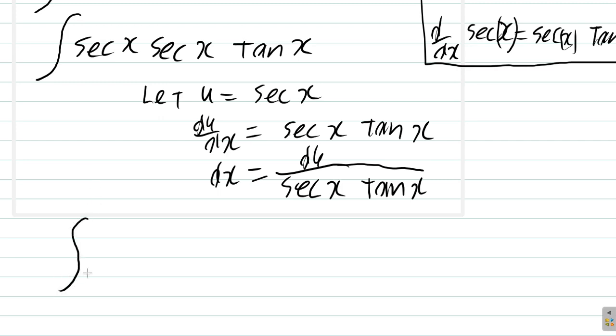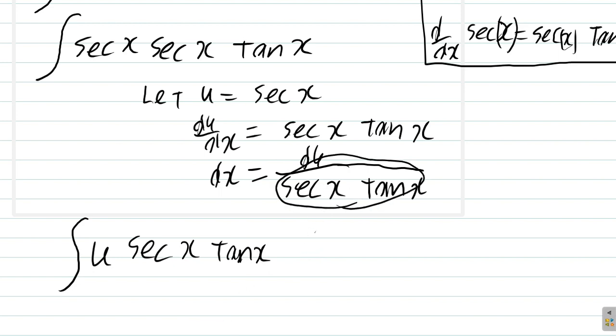So when you rewrite this, it is the integral of u, sec x tan x times dx, but dx is du over sec x tan x. So it's du over sec x tan x. Now, you see that sec x tan x will cancel sec x tan x.